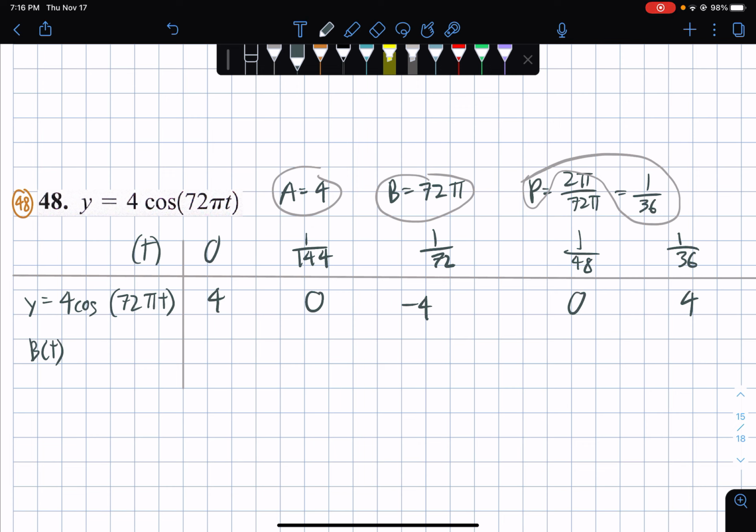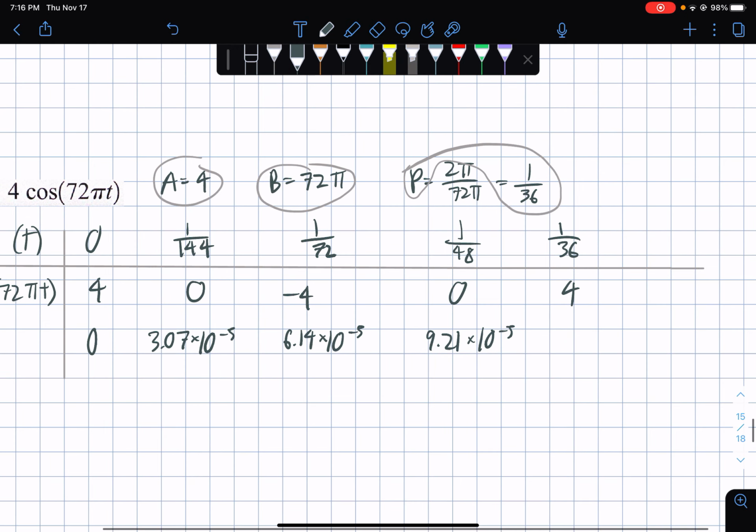So bt, we have the following: 0, 3.07 times 10 raised to negative 5, 6.14 times 10 raised to negative 5, 9.21 times 10 raised to negative 5, 1.23 times 10 raised to negative 4.